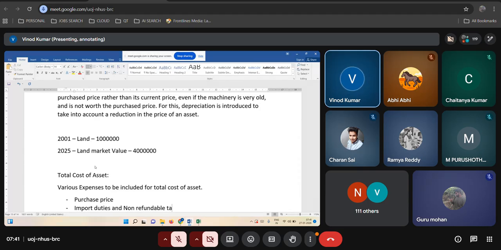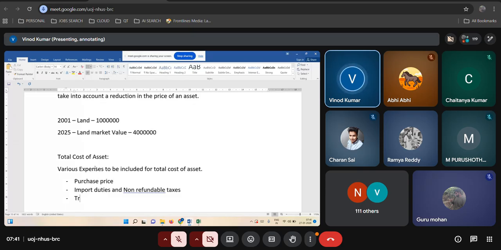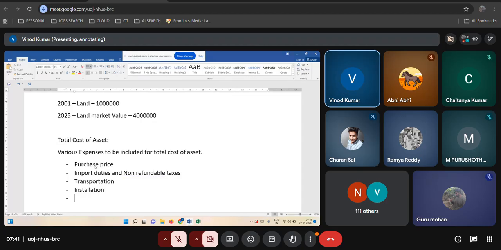And if you pay any transportation and any installation charges for the asset, they need to be included in the direct cost. Okay. So these are the various costs, guys, or any direct expenses. For example, you bought one asset, and for unloading that asset you paid some labor charges, that is direct labor, so we need to include it in the total cost.